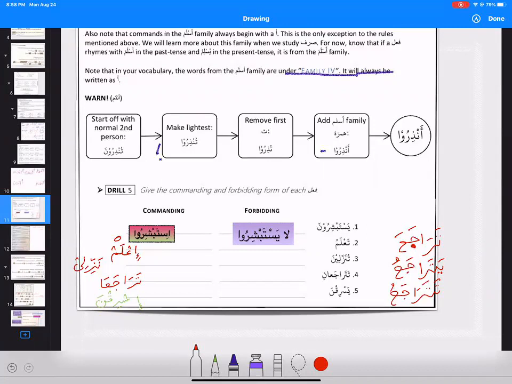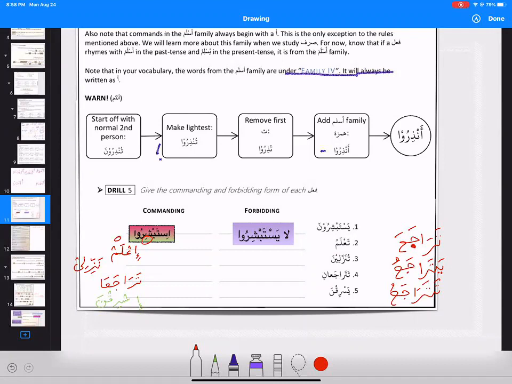And mostly in amar, you will see like istabshiru, see over here. So mostly you will find an E sound. That is also a clue that amar has an E sound.